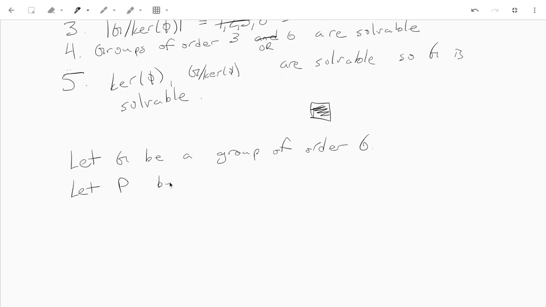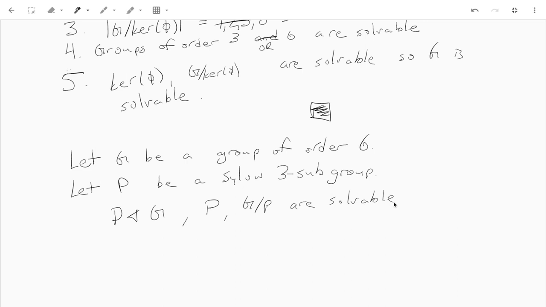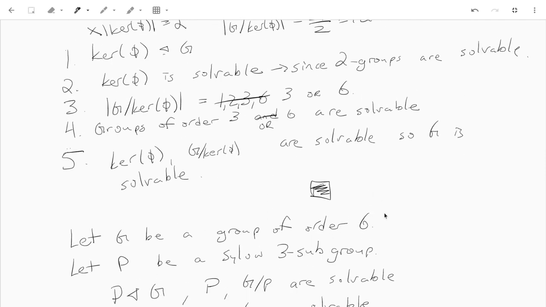Let P be a Sylow 3-subgroup. Now 6 is 3 times 2, so P has 3 elements and index 2, so P is normal in G. P and G mod P are solvable, so G is solvable. So any group of order 6 is solvable through a quick argument, and so now we know for sure that any group of order 24 is solvable.